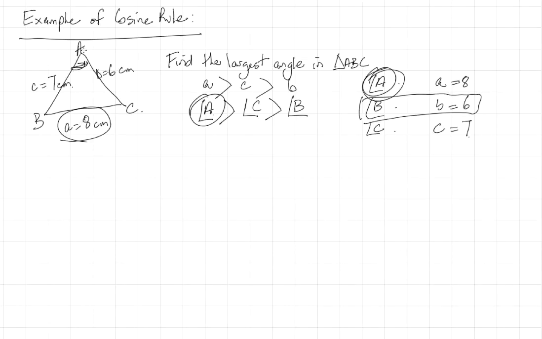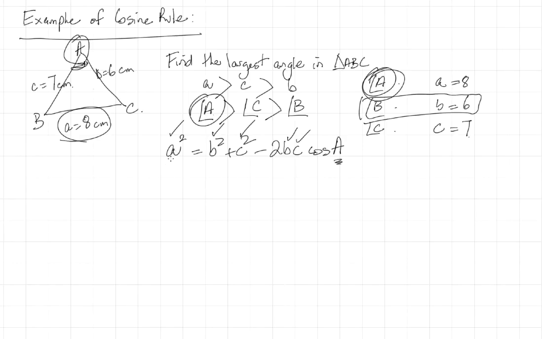So we want to find out A. So we'll use A squared equals B squared plus C squared minus 2BC cos of A. We've got A, we've got B, we've got C.